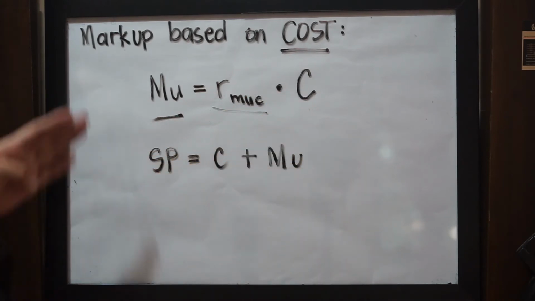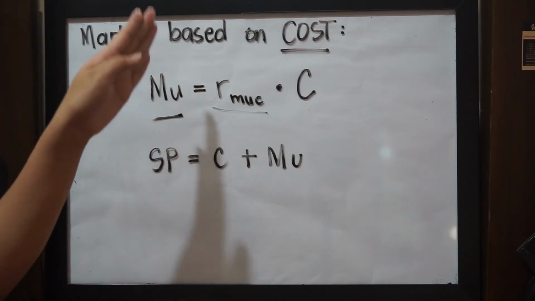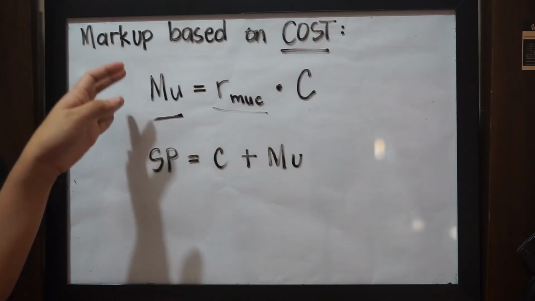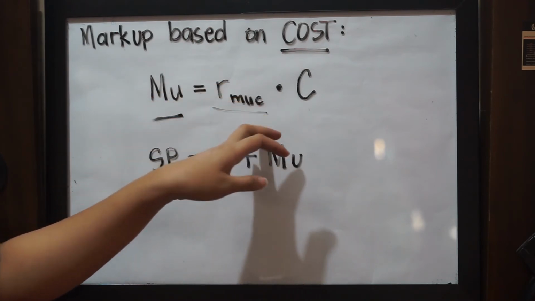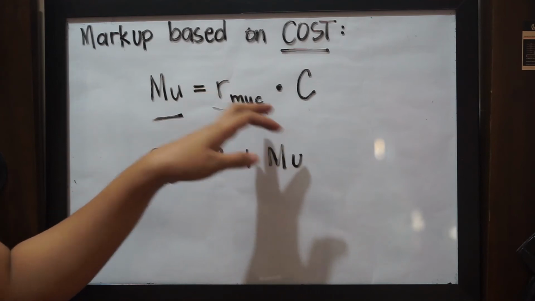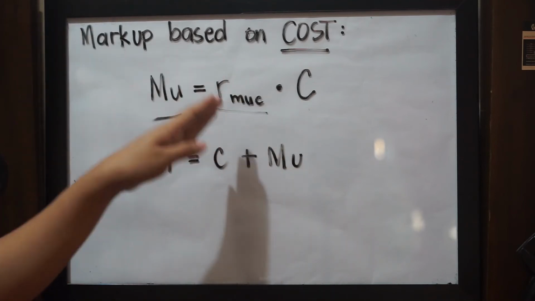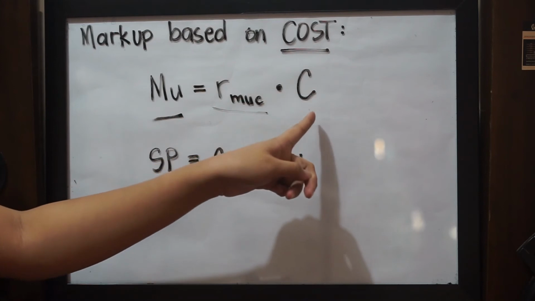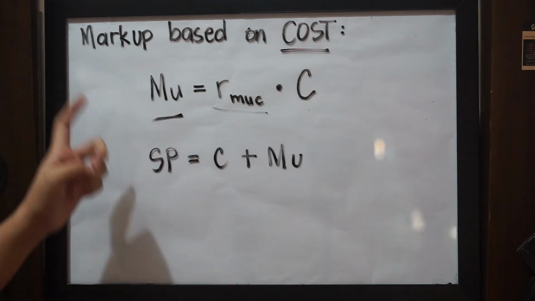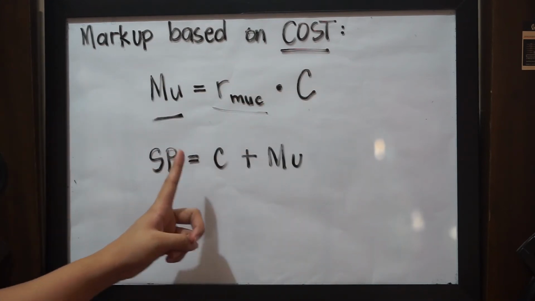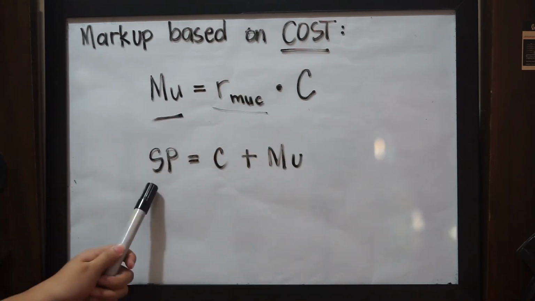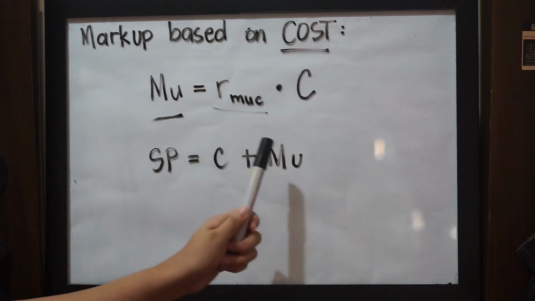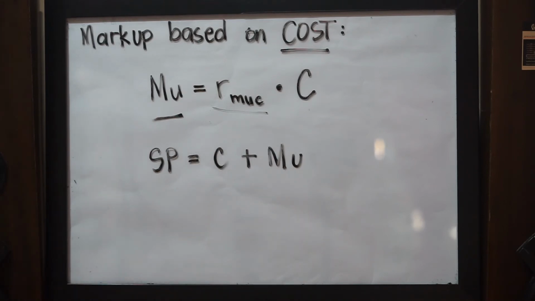Ulitin ko, the first formula for markup based on cost is MU, your markup, equal to R sub MUC, the rate of markup based on cost, multiplied by cost. And then the second formula is selling price, SP, is equal to cost plus the markup, or MU. Again, selling price is equal to cost plus markup. So, let's proceed with the problems under markup based on cost.